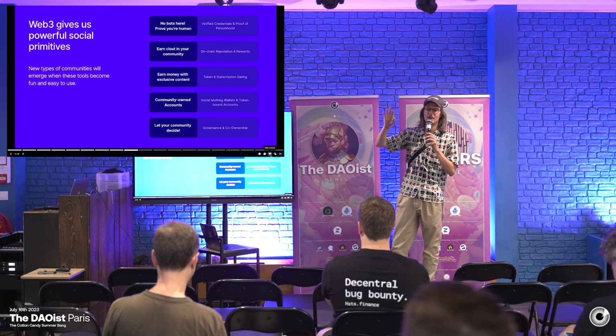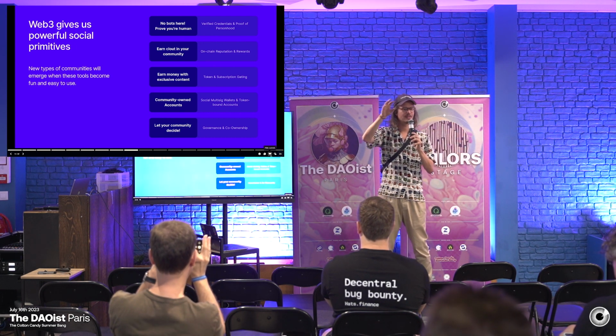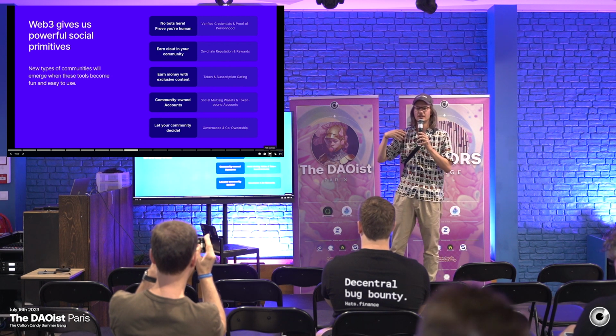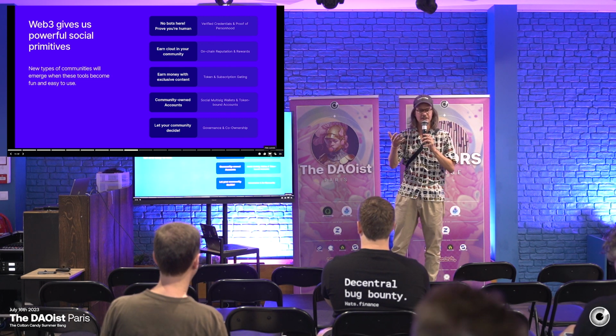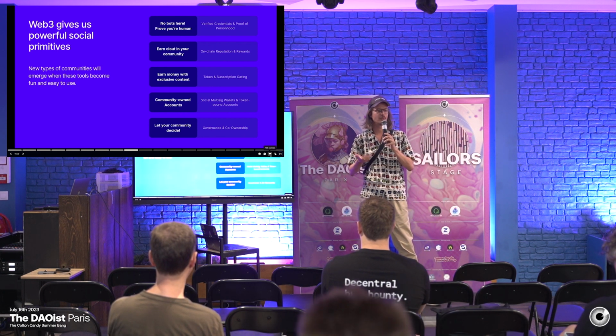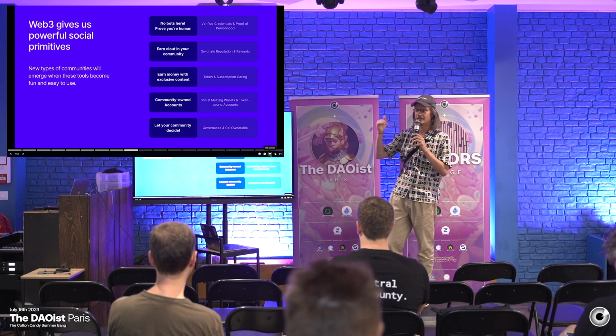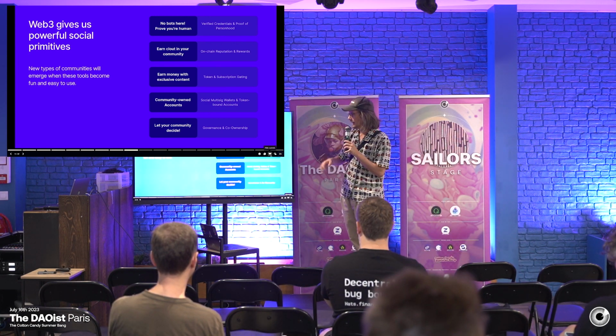So the ability to have communities that have public spaces and private spaces. So you can imagine a DAO that has a very, very easily accessible space, but then also a space for token holders that are involved in governance, and various degrees of accessibility within a community.